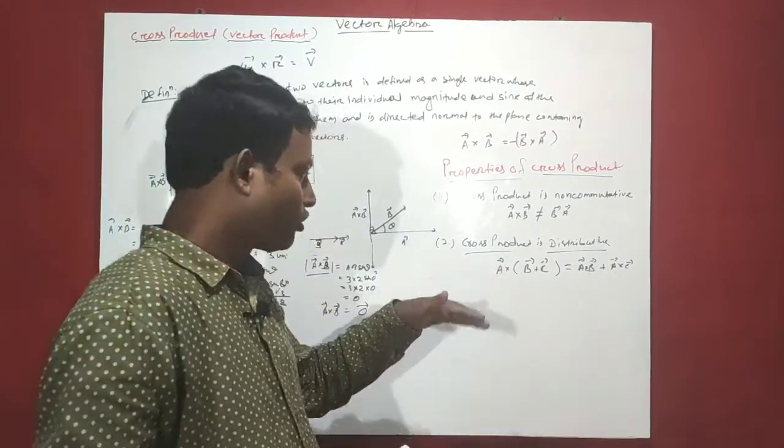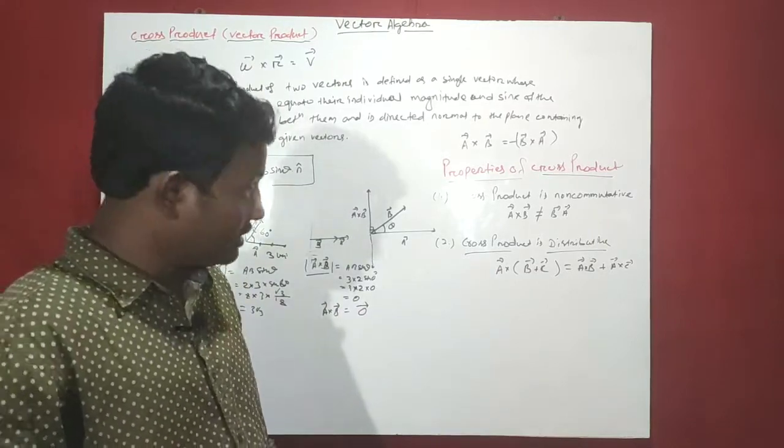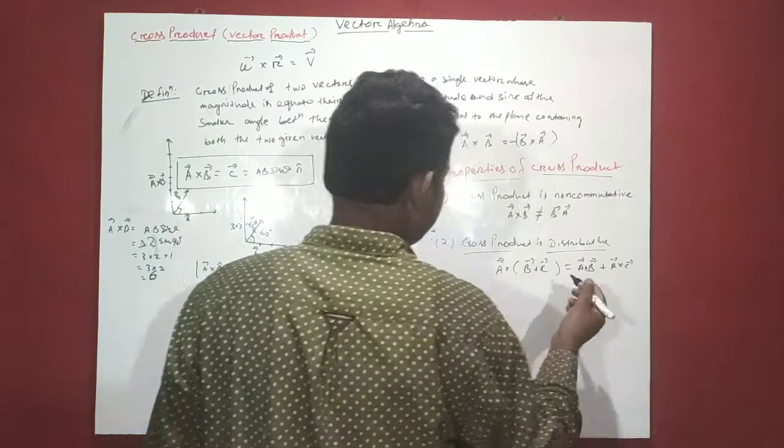We take the cross product of the vectors separately.